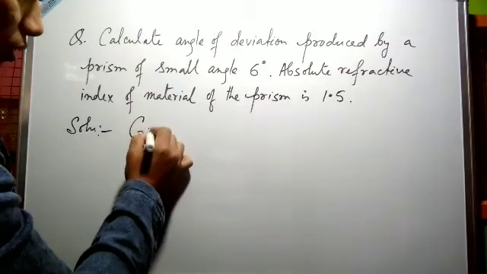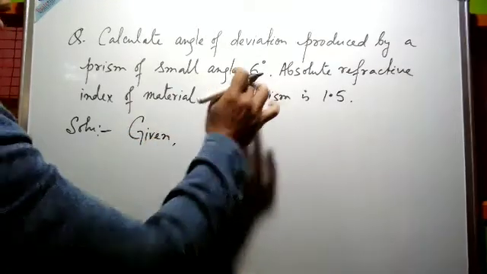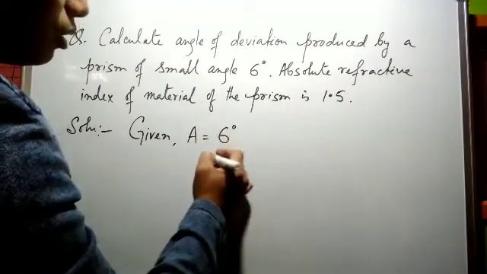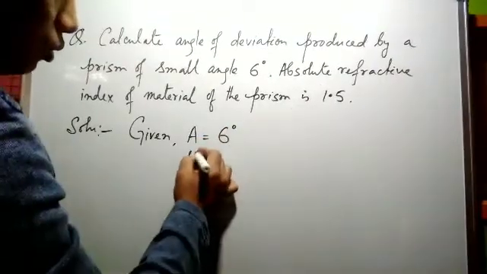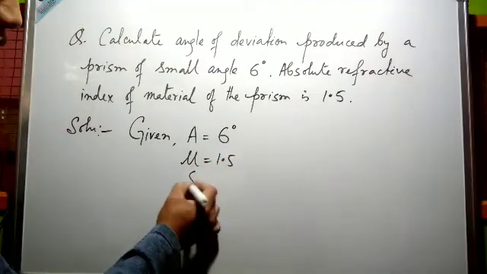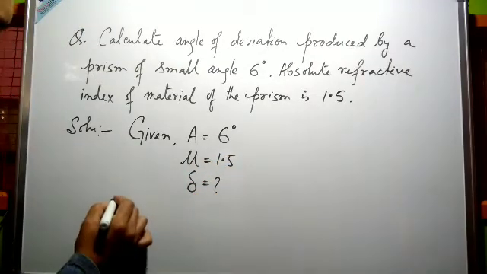Given that there is a small angle of prism, that is 6 degree, and μ is equal to 1.5. We have to find delta.